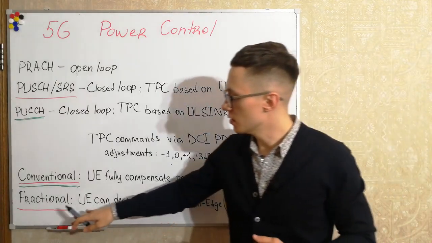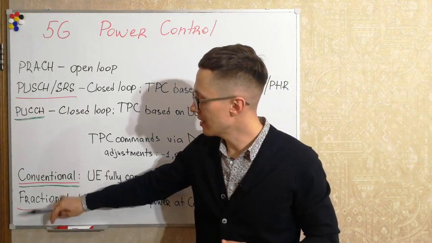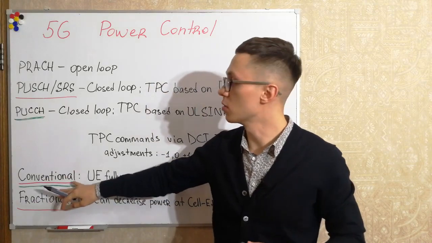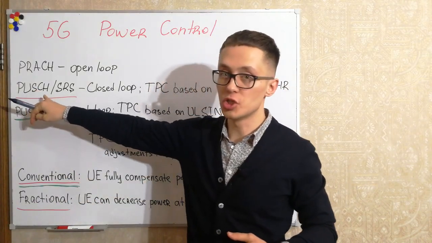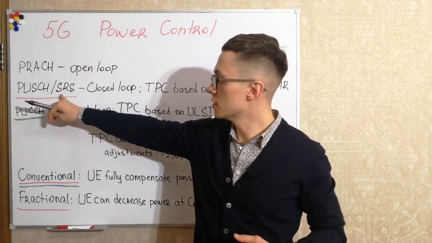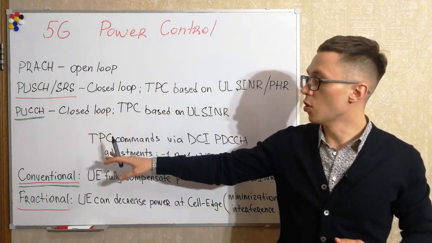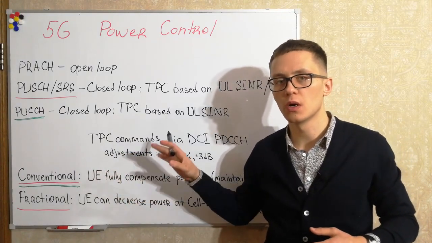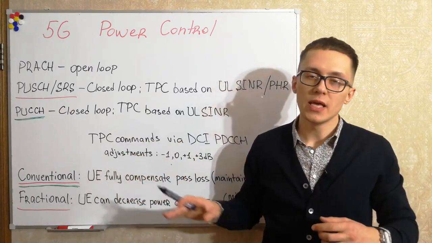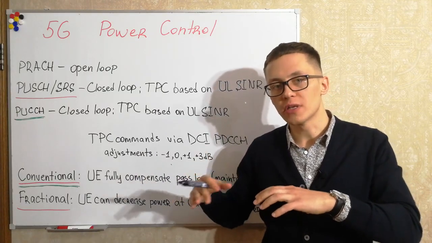So as you can see, fractional and conventional power control can be used for uplink shared channels and sounding reference signal, because it's pretty important to maintain the throughput at cell level.